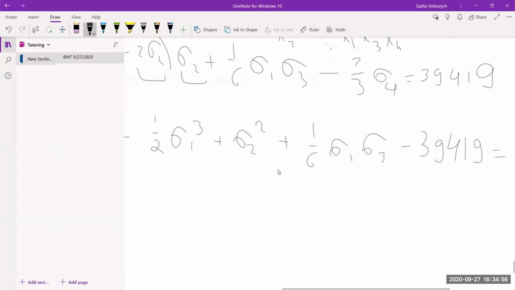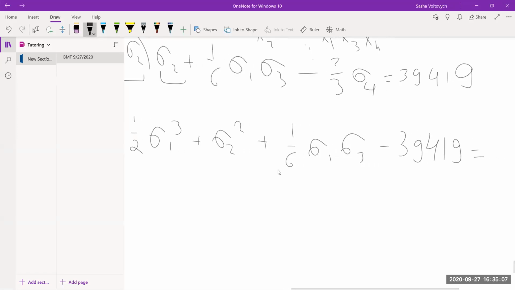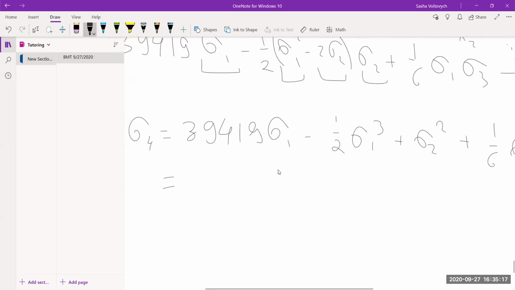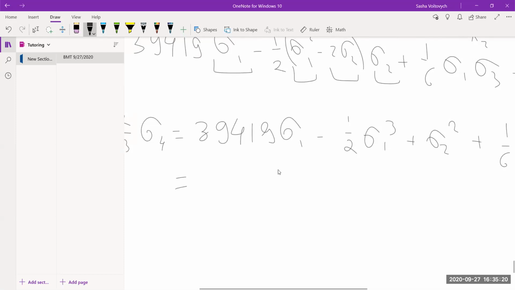So plus 1/6. All right, so this is equal to this value.